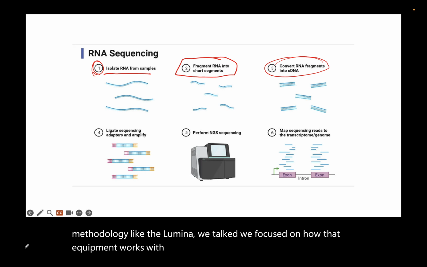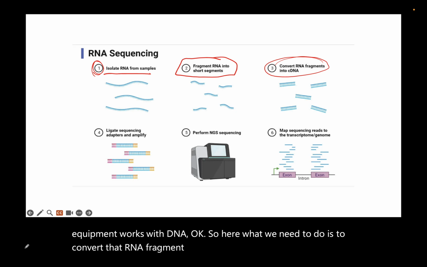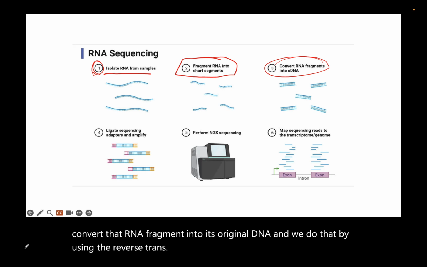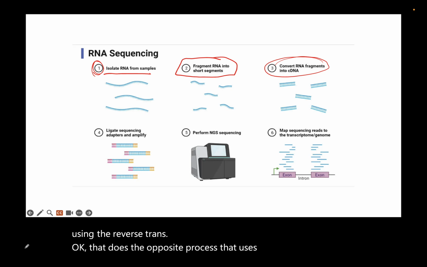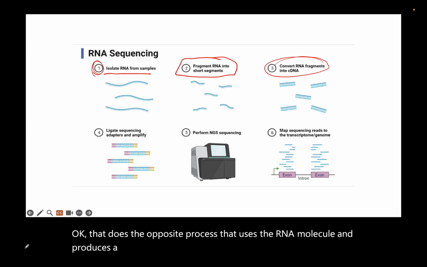Okay, so here what we need to do is to convert that RNA fragment into its original DNA. And we do that by using the reverse transcriptase, okay, that does the opposite process: it uses the RNA molecule and produces a DNA molecule.